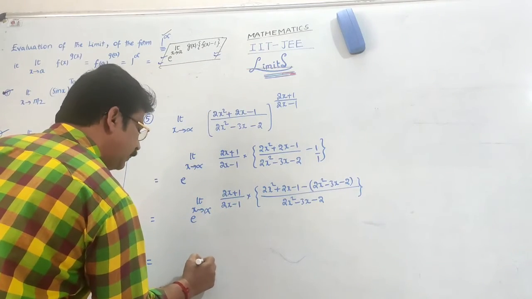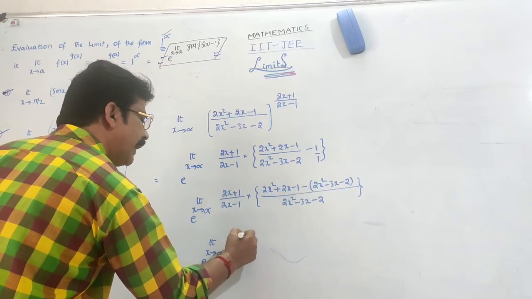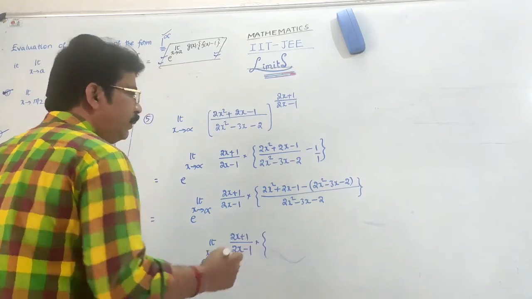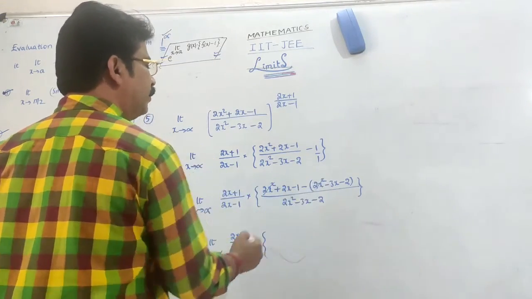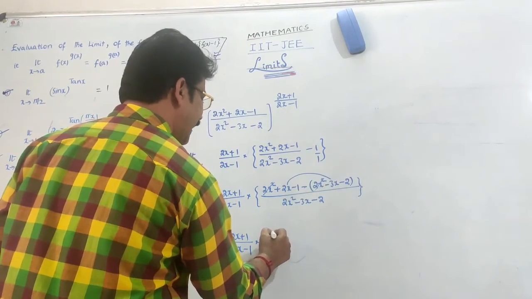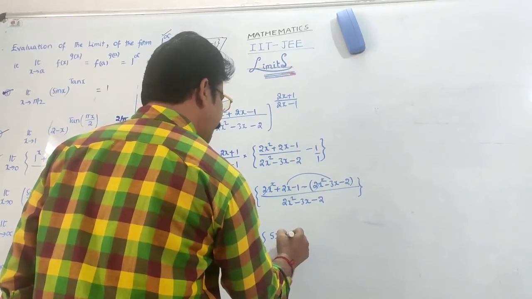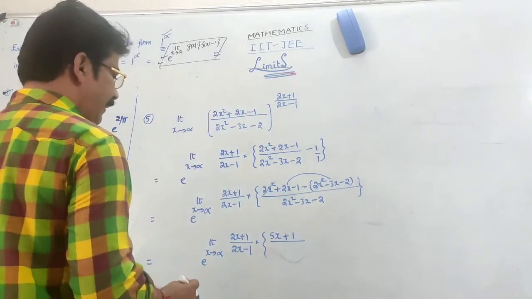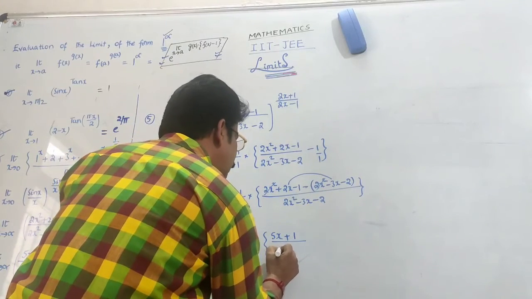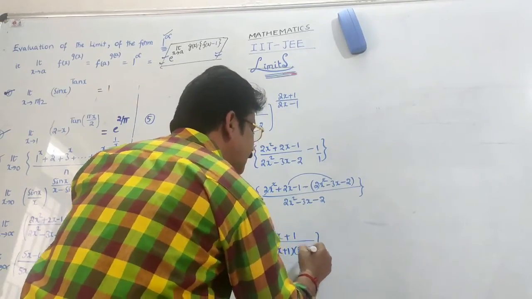Here 2x square cancels, minus into minus plus, 2x plus 3x is 5x, next minus 1 plus 2 is plus 1, divided by 2x square minus 3x minus 2. By using factorization it is (2x plus 1) into (x minus 2). This is the general procedure.